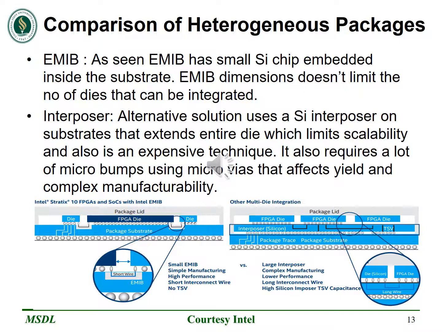So we can see the FPGA die is connected to the dies on either side with a small silicon substrate. Coming to figure 2, that is silicon interposer, we can see how the silicon interposer on the substrate extends the entire die. So it also requires more microbumps and it has scalability limits as it has to spread across the entire die. It is a very expensive technique.